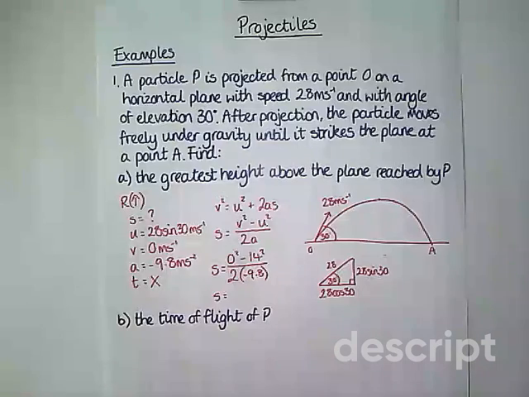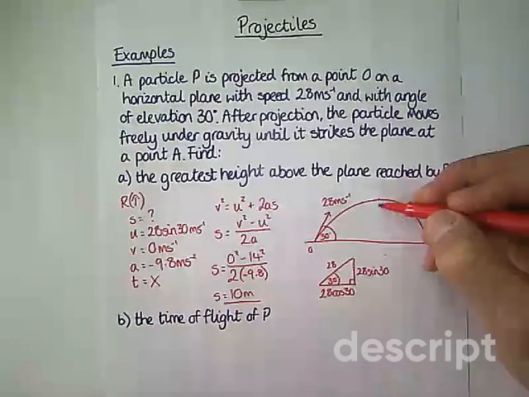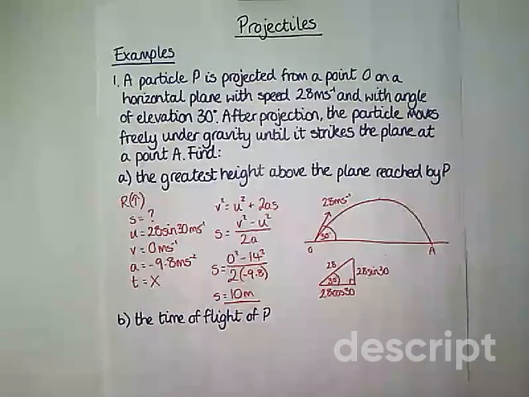So if we pop that into our calculators, we get exactly 10. So this maximum height above the plane is 10 meters.